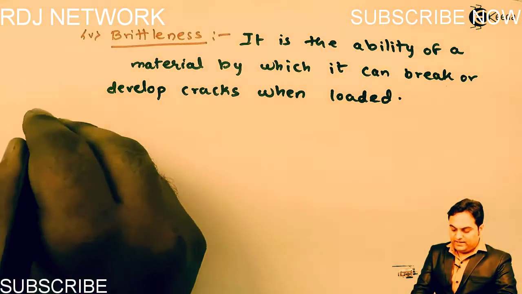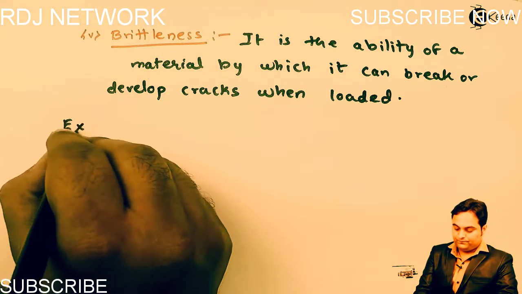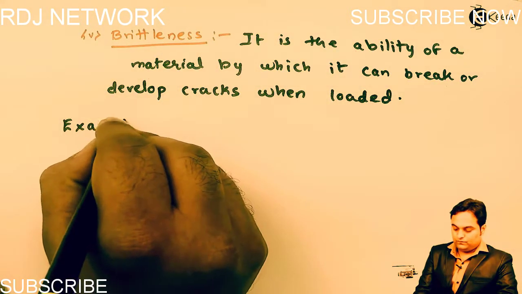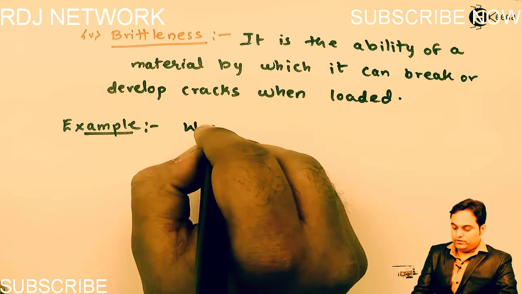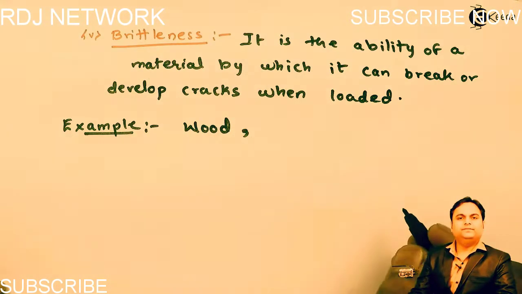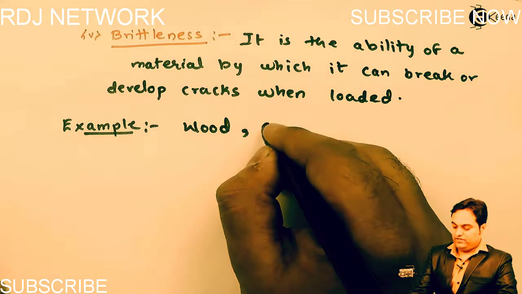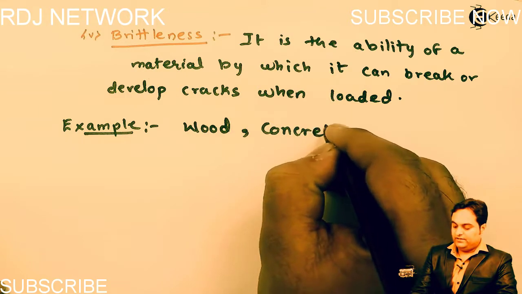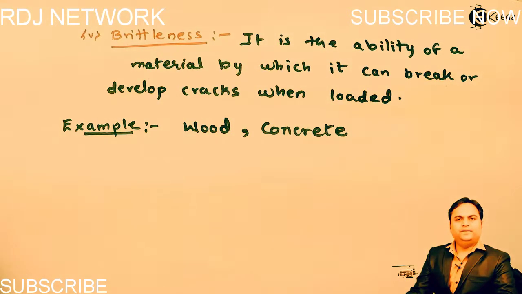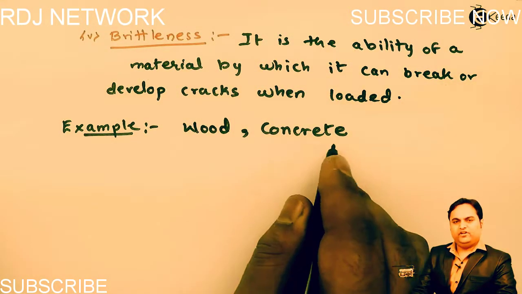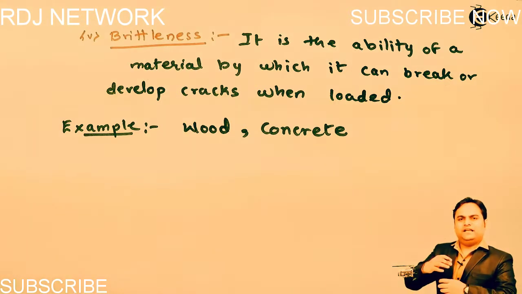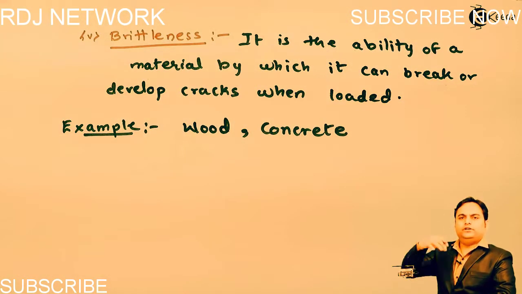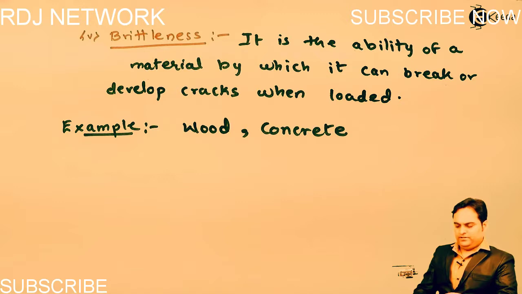I can give the example: wood is a brittle material. Next, we have concrete. It is also a brittle material. If we have concrete and we apply tensile force, if we try to pull concrete, then it will break suddenly.